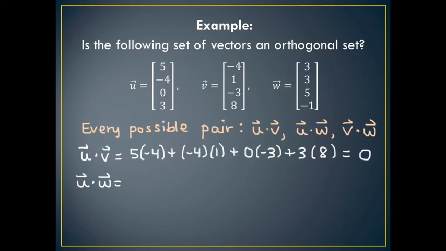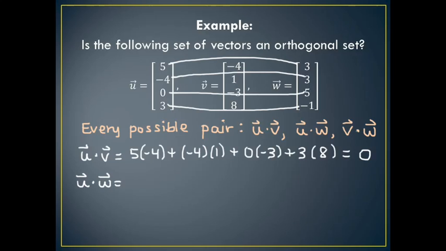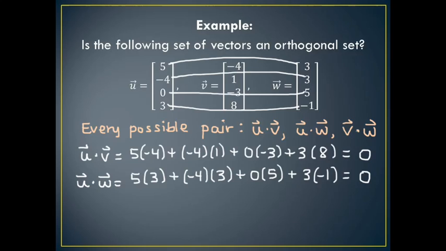Now u dot w: I do the same thing, 5 times 3, -4 times 3, 0 times 5, 3 times -1, add them all together and I get 0.